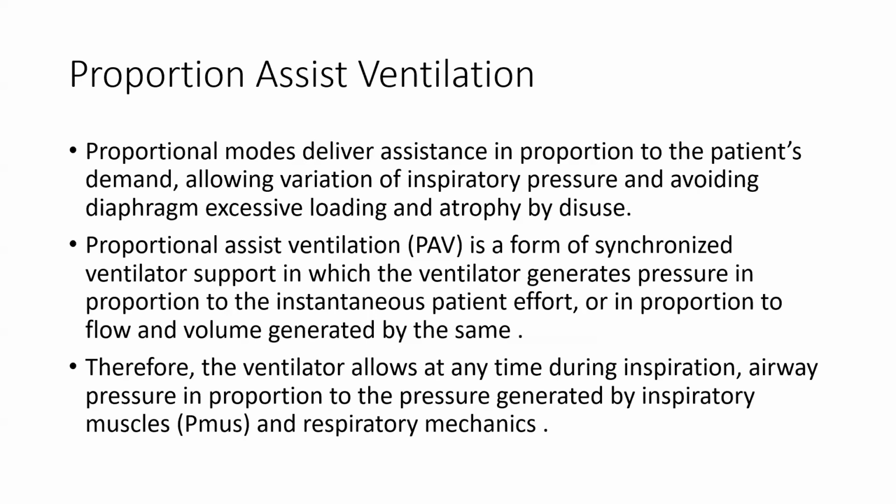Proportional assist ventilation is a form of synchronized ventilator support in which the ventilator generates pressure in proportion to the instantaneous patient effort, or in proportion to flow and volume generated by the patient. Therefore, the ventilator allows at any time during inspiration airway pressure in proportion to the pressure generated by the inspiratory muscles and respiratory mechanics.